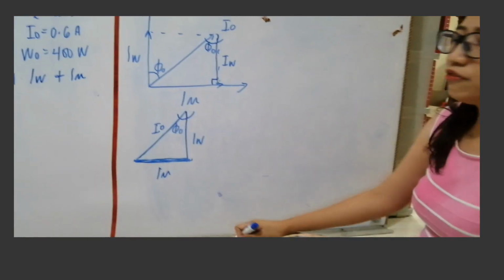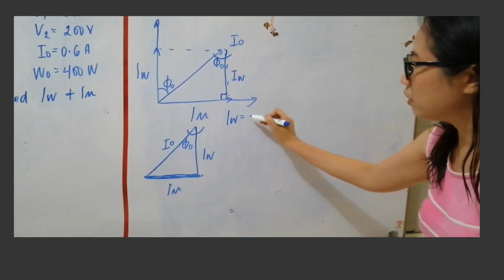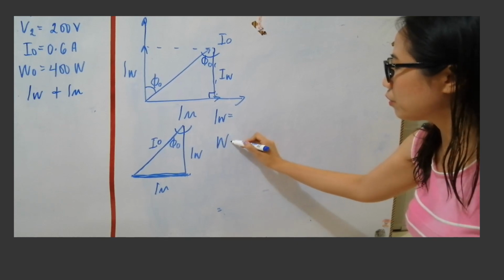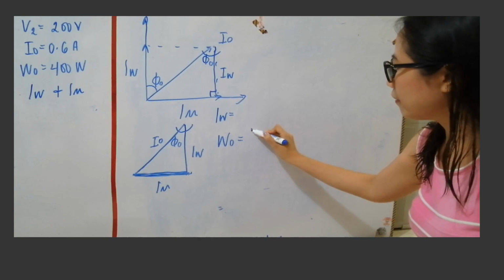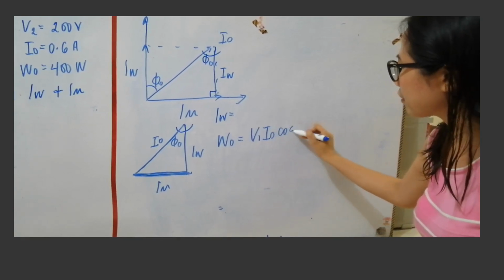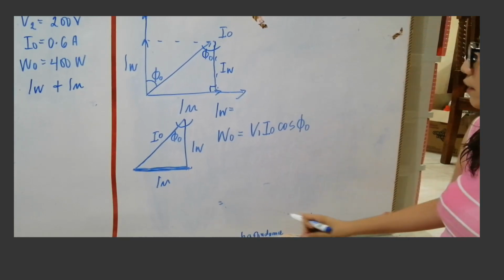So now we can solve for I sub W. But before we can solve for I sub W, let's have first the formula of W sub 0, which is equal to V sub 1 times I sub 0 times cosine phi sub 0.